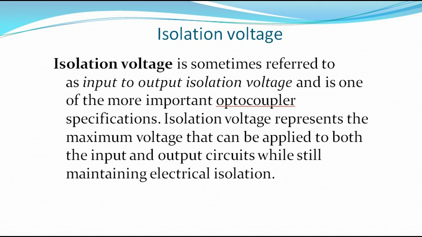This isolation voltage has a bold line that isolates the primary board from the secondary board, the cold aspect from the hot aspect. That is where you see the optocoupler come on board.